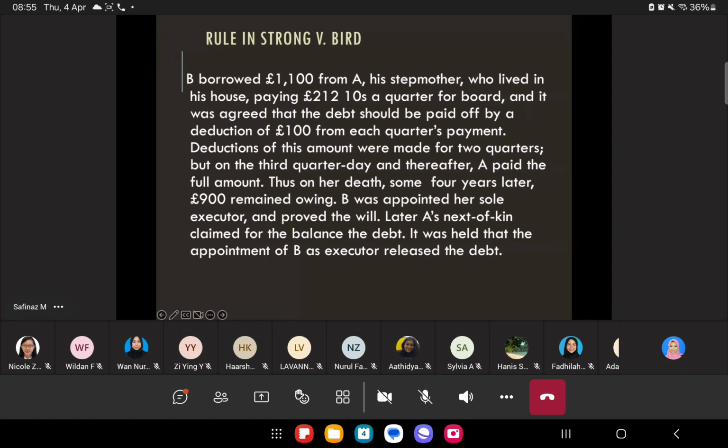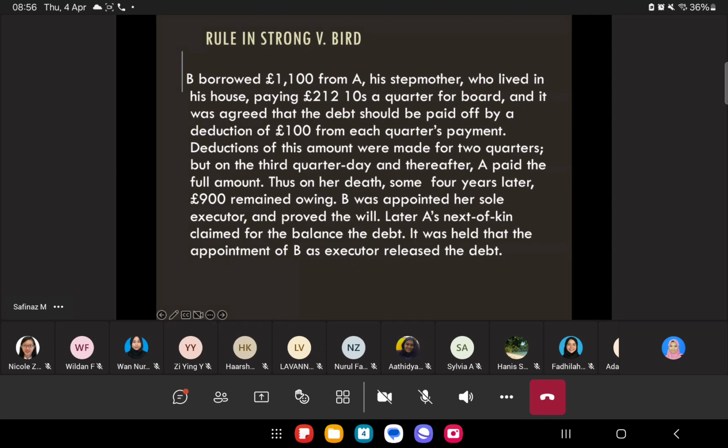Thus, on her death, some 4 years later, £900 remain owing. B was appointed her sole executor and proved the will. Later, A's next of kin claimed the balance of the debt, and it was held that the appointment of B as executor released the debt. So dalam kes ni, beneficiary of the will, maknanya dia punya waris-waris nak claim 900 tu daripada B. Tetapi dalam kes ni, B is the beneficiary of the trust.